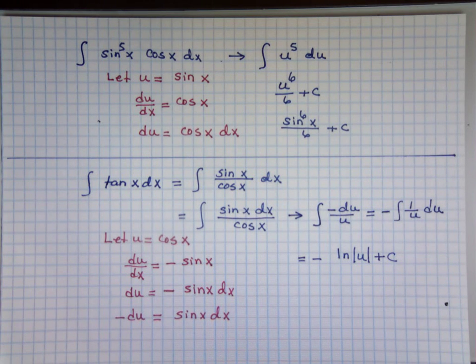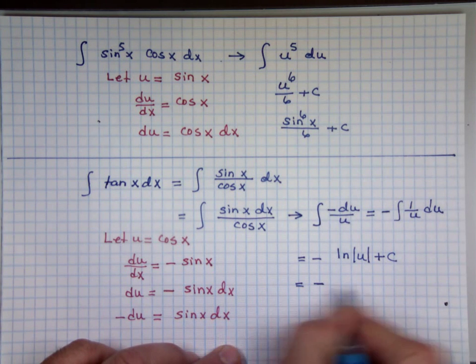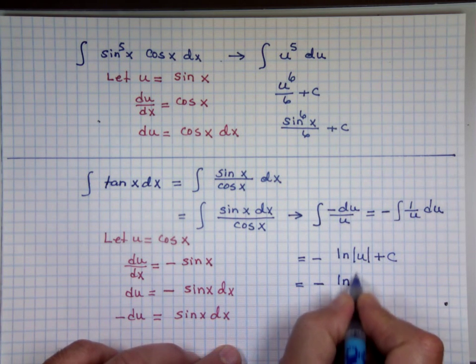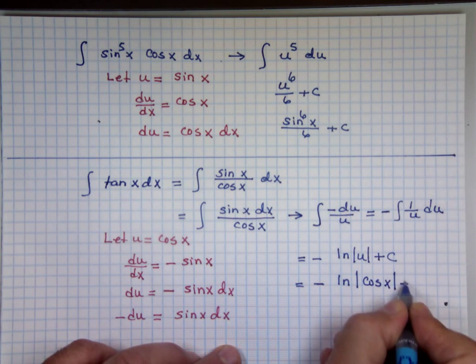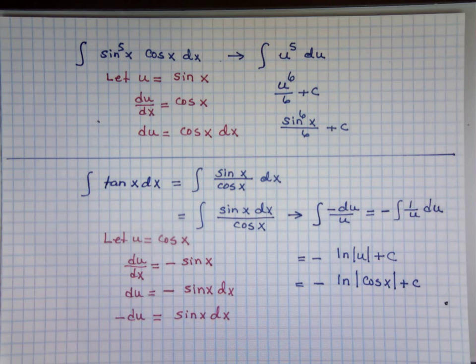So now, here's the minus sign, that's the natural log. What is u equal to? Cosine of x. So the integral of tangent x is negative the natural log of cosine x.